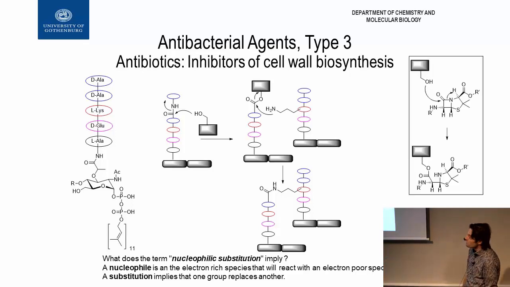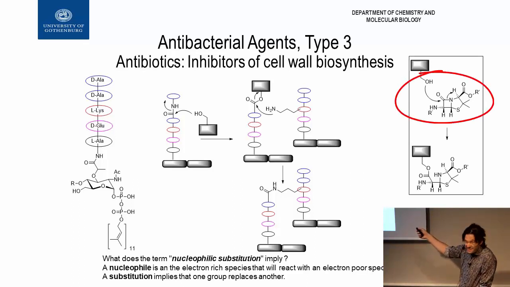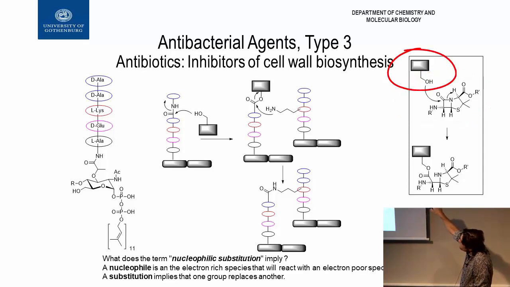Now, look at this. I've just drawn a penicillin derivative here to illustrate it. When this enzyme meets one of these molecules, of course the enzymes can't think, but it's easier to say, it thinks that this molecule is the same as this building block.